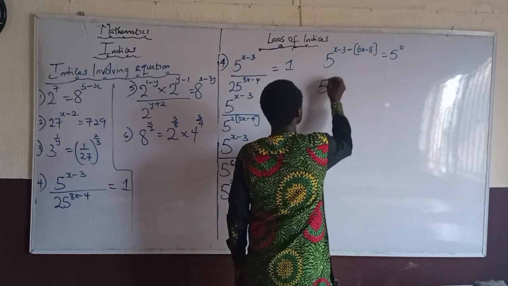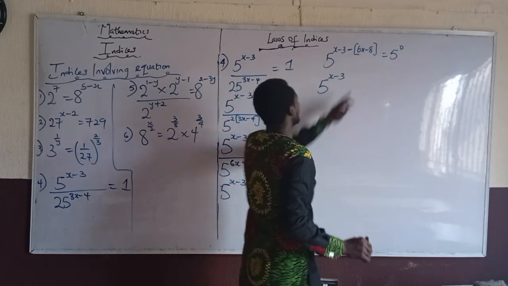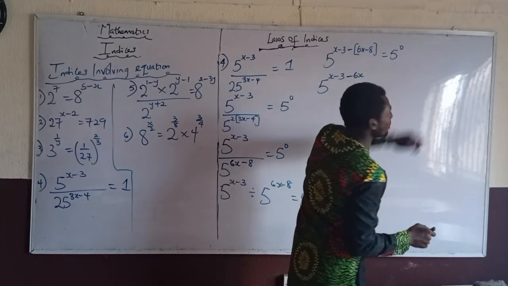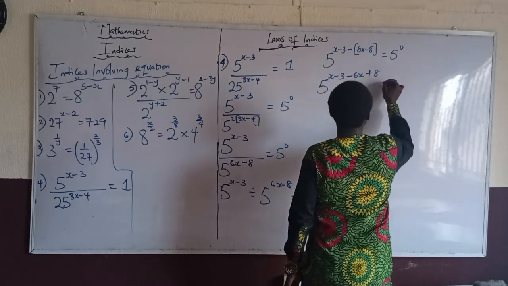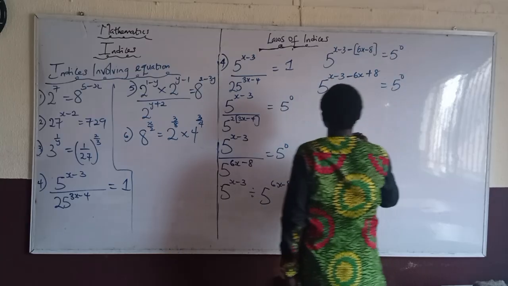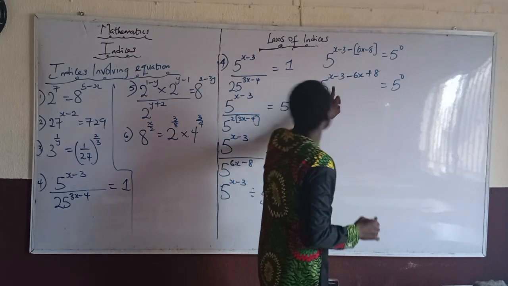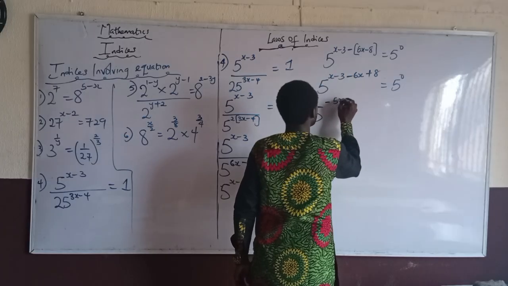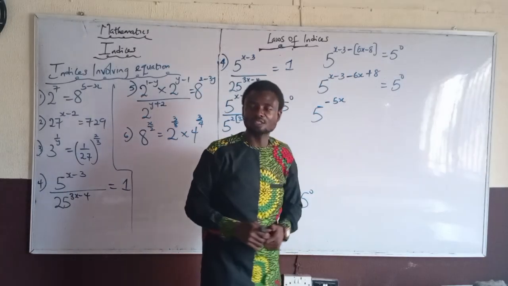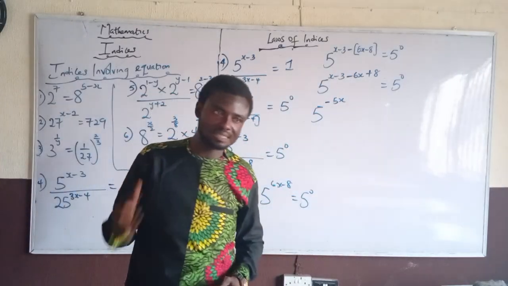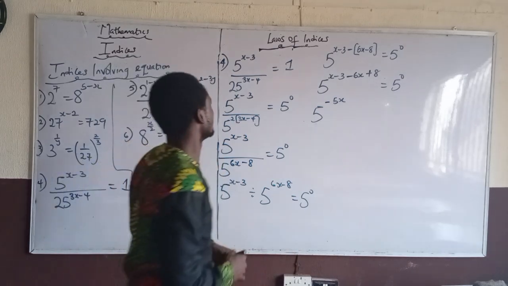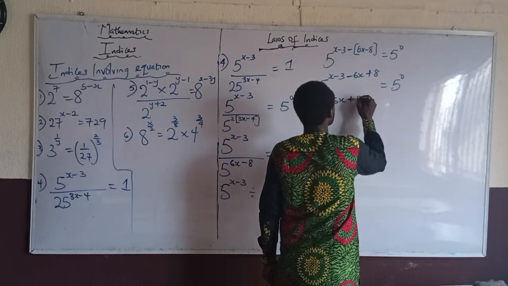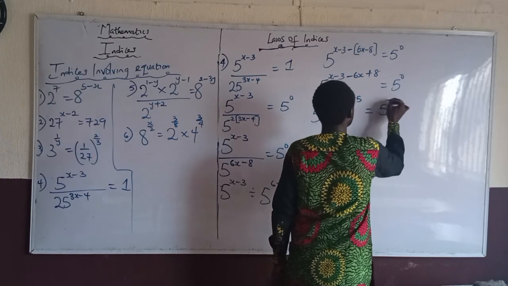So here becomes 5 raised to power x minus 3, minus times plus, minus times minus plus, equals 5 raised to power 0. So here is x minus 6x, that is minus 5x. This is as well as asking you 1 minus 6, that is minus 5. So minus 3 plus 8, that is plus 5, equals 5 raised to power 0.